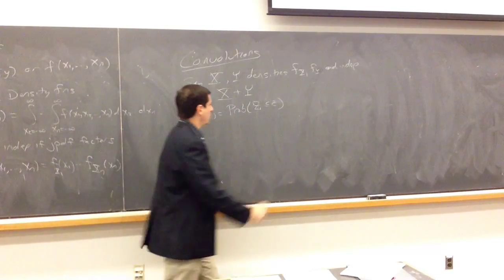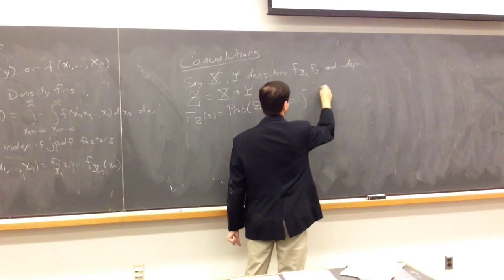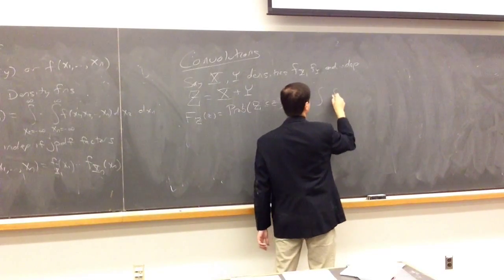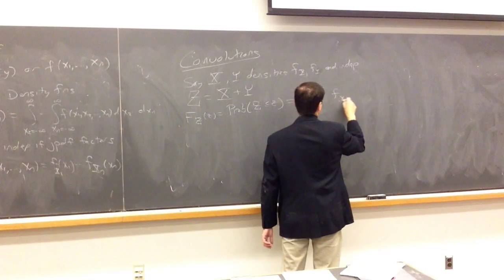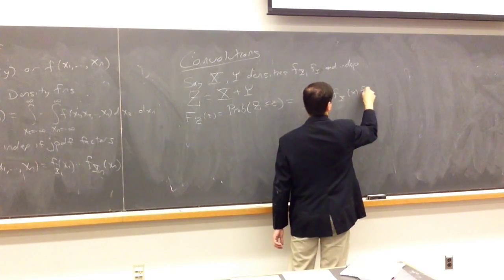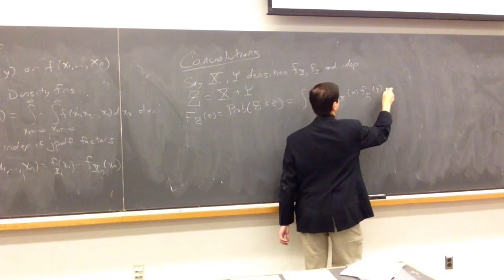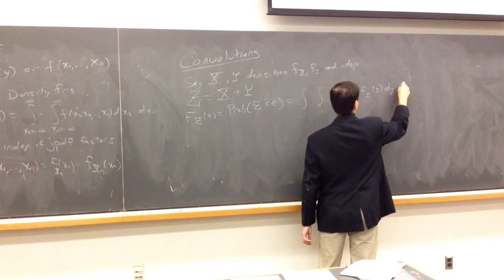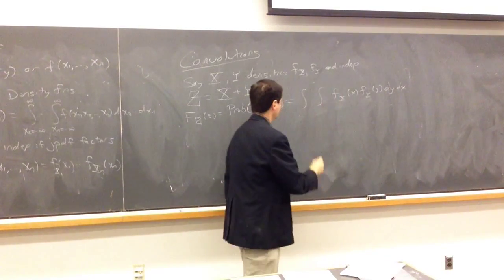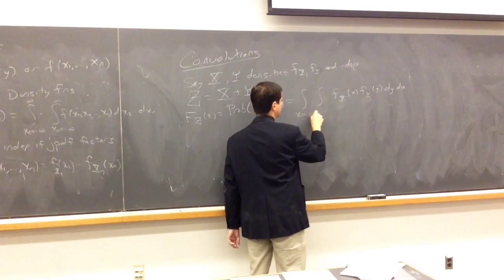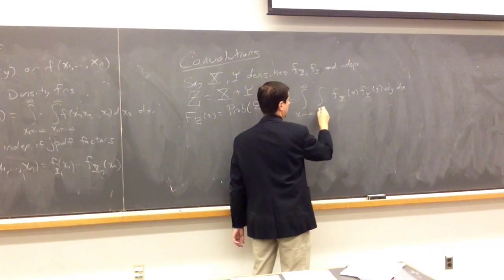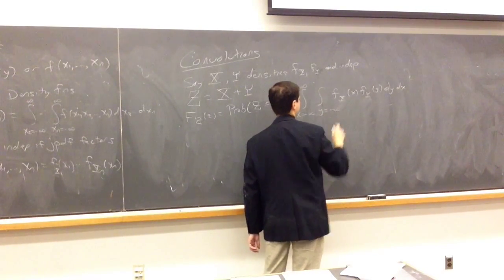So how do I do this? Well, I'm going to have an integral. I have my density function fx of x, fy of y, let's say dy dx. So x can range from minus infinity to infinity, and y can range from minus infinity to what?